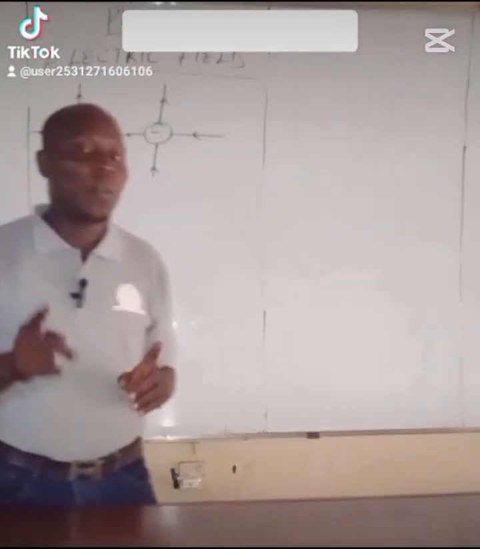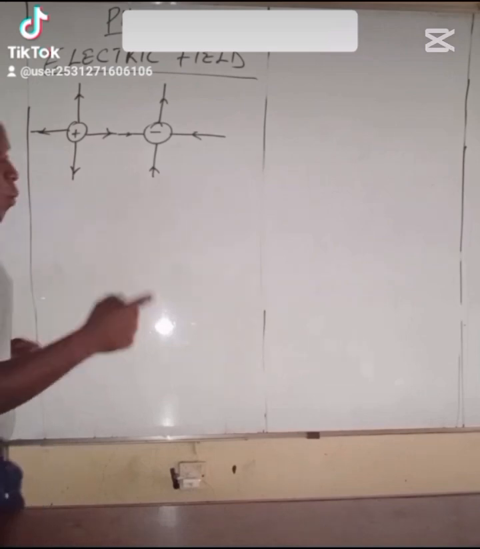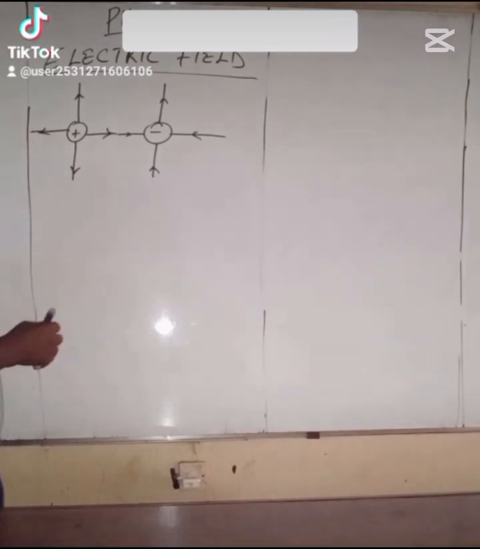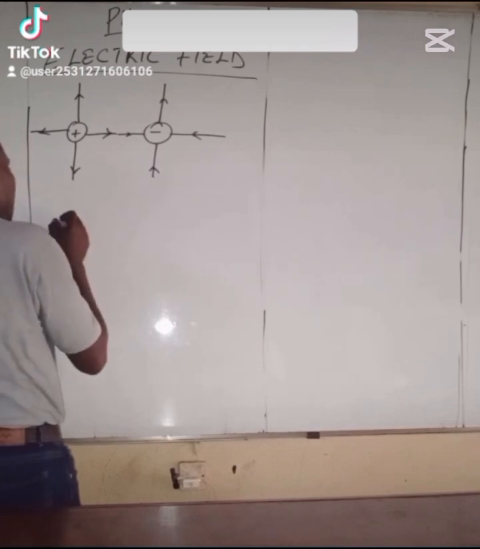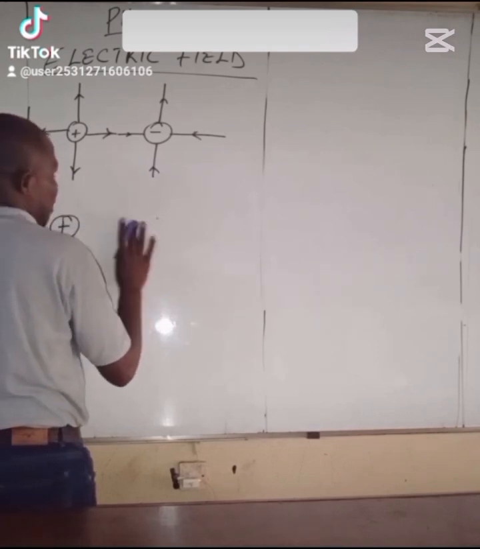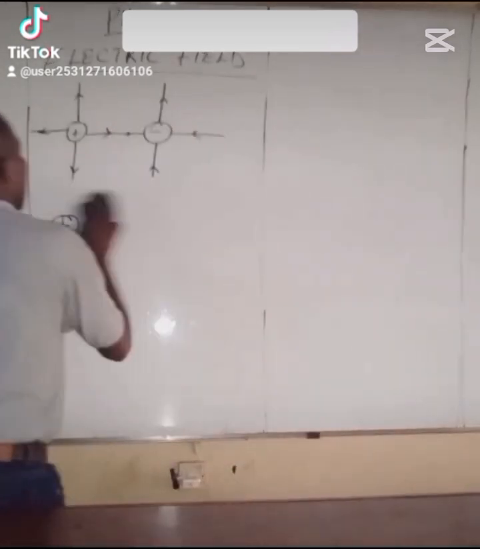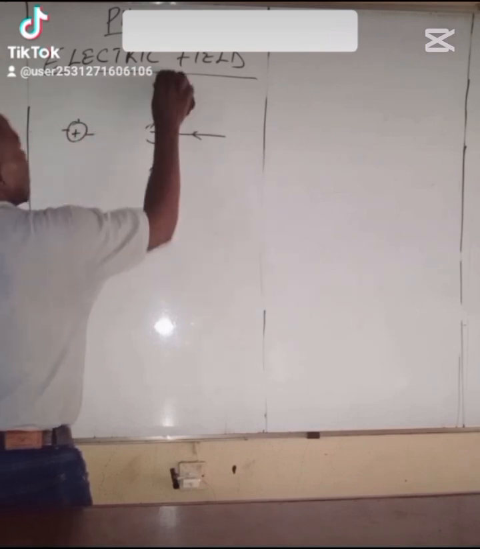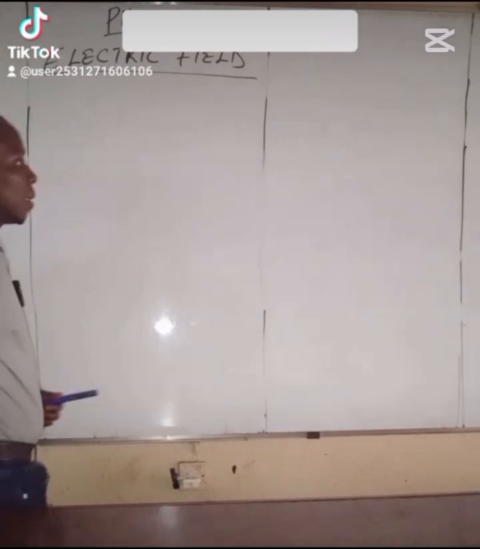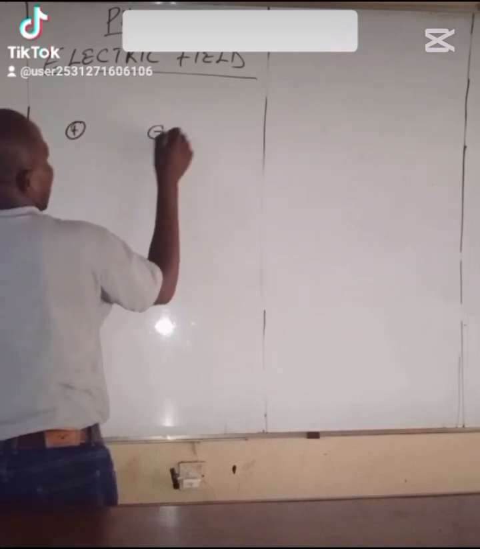And then another law of electric lines of force states that like charges will repel while unlike charges will attract. Let me use a diagram to demonstrate it. We have a positive charge. We have a negative charge.